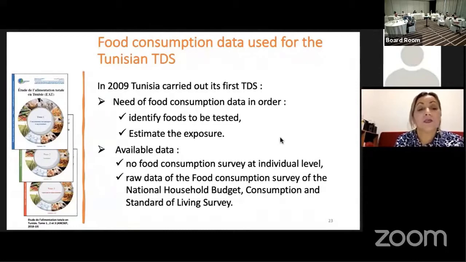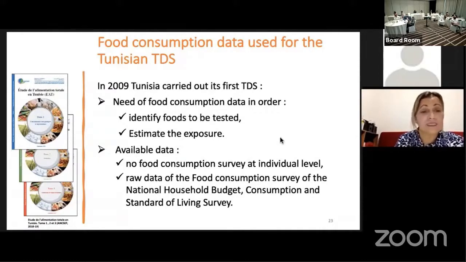total diet study. First, the household sample was representative of the Tunisian population. Second, the food consumption survey of the National Institute of Statistics covers all the years. So we can have an idea about all the variation of the food consumption during the years.